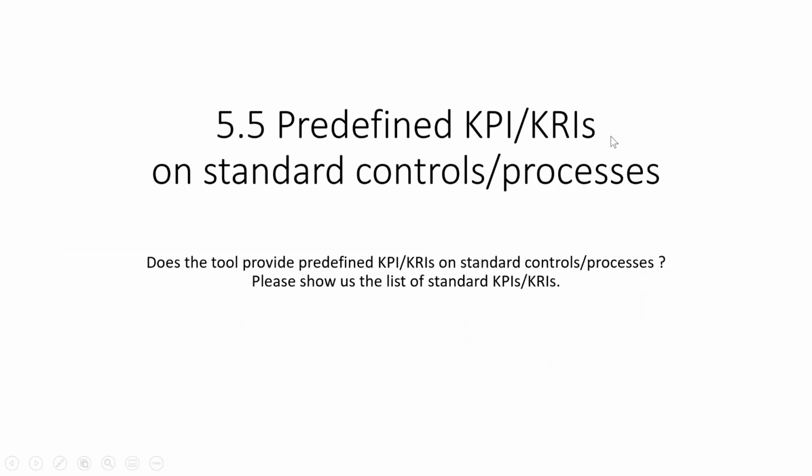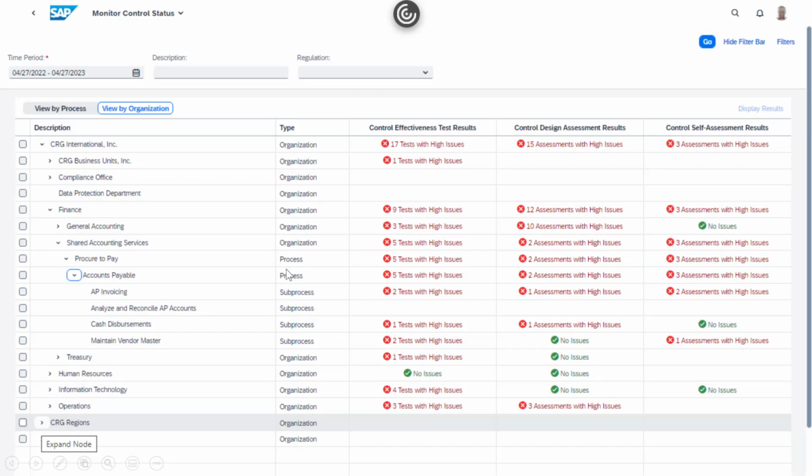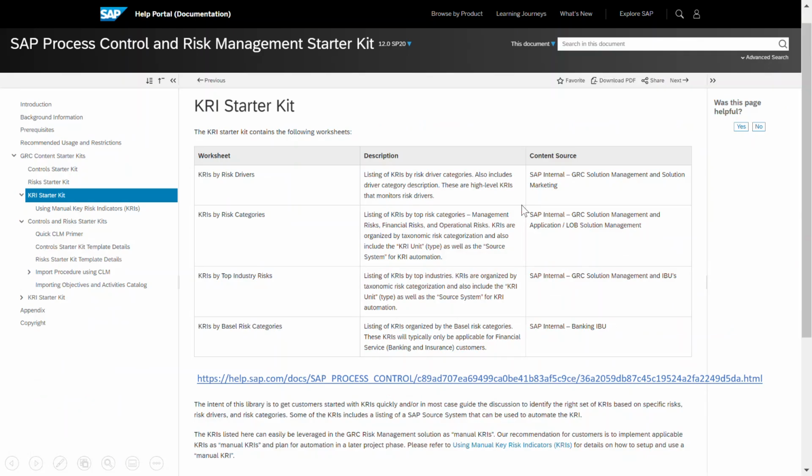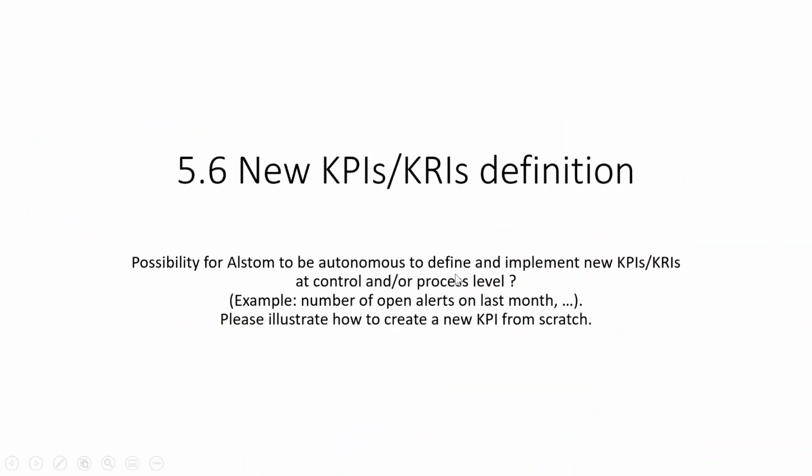Predefined KPIs, KRIs. Yes, we provide an example of KPIs here. We provide KRIs, but it's SAP internal intellectual property, so it's just for our customers, but we share this information. You have a link here to access this information. And of course, you can create your own KPIs, KRIs.